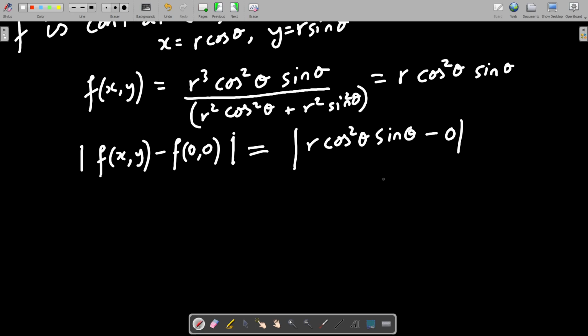So this becomes modulus of r into modulus of cos square theta and modulus of sin theta.